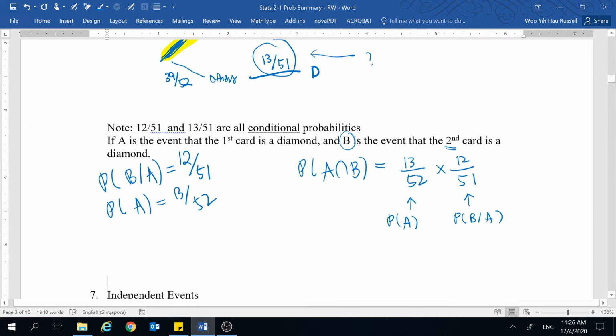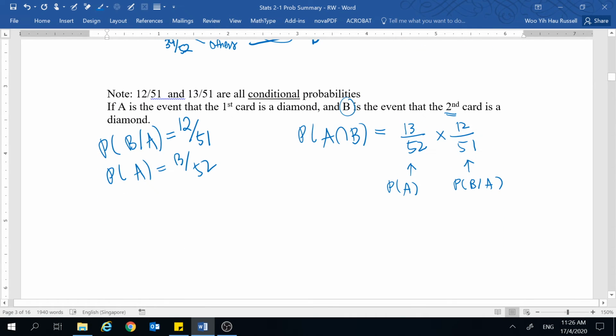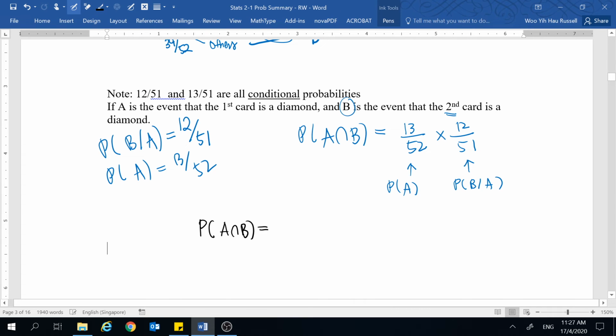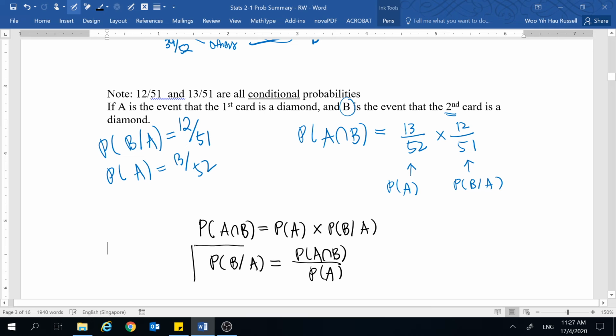Which brings us to this very important result that we always see. Look here. Probability A intersect B is probability A times probability B given A. Which means I rearrange, I get probability B given A is probability A intersect B divided by probability A. This one you see all the time.